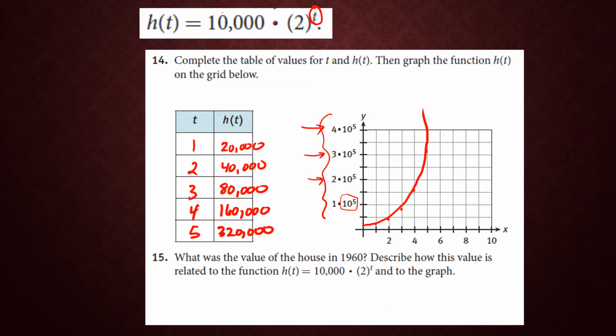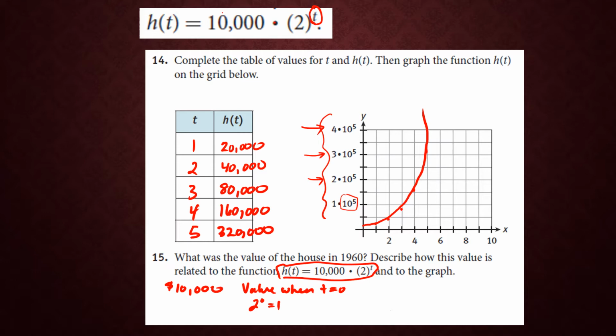So what is the value of the house in 1960? That was 10,000. Describe how this value is related to the function. So it's the value when t equals 0. So 2 to the 0 power equals 1. So in 0 decades since 1960, it was worth 10,000.